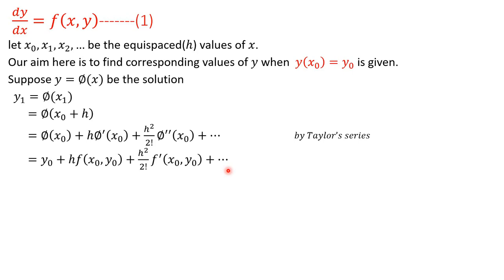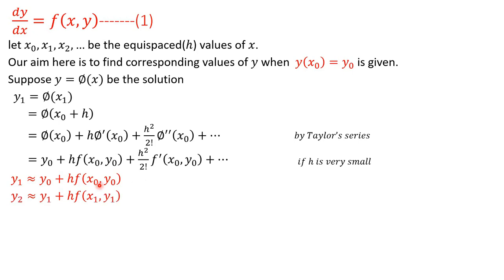For example, h square is very small compared to h, because h lies between minus 1 and plus 1. So for a small value of h, we can neglect the higher order terms of h, and then we will get y1, which is approximately equal to y0 plus h into f of x0 comma y0.